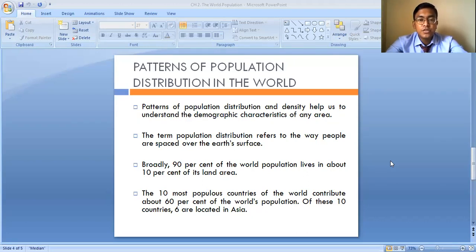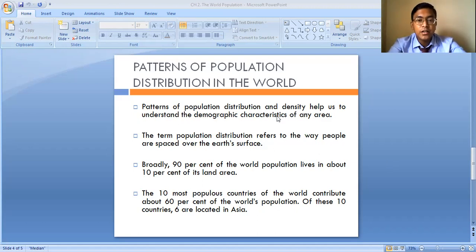There are countries where the population is very low and a few countries where it is very high. Even within these countries there is variation in the pattern of distribution because of various factors. So it is essential to understand the different factors responsible for the distribution of population in different countries of the world.